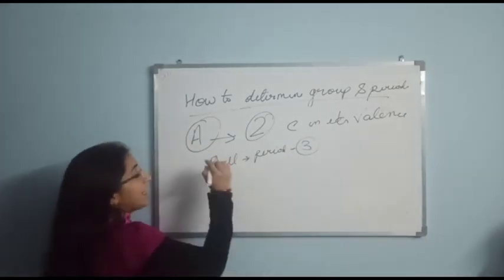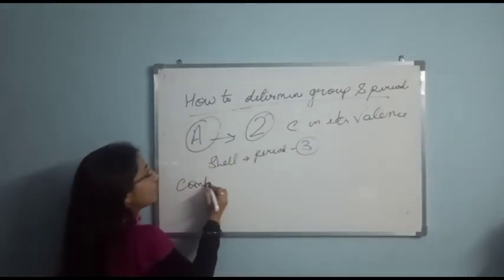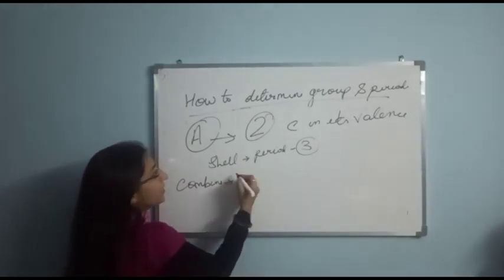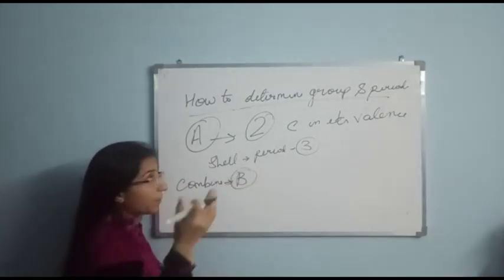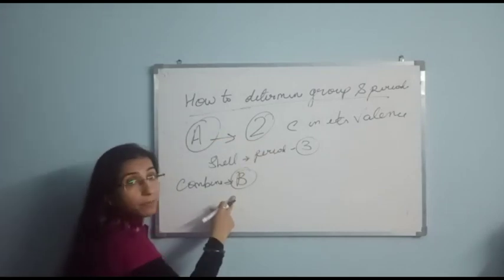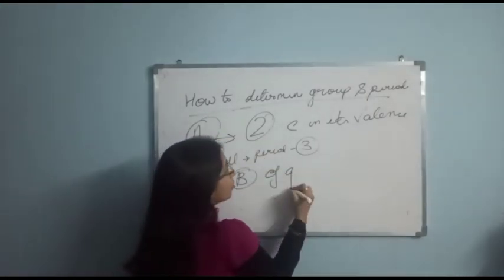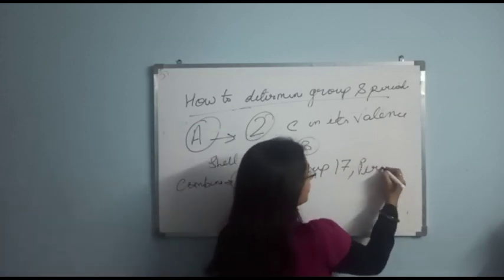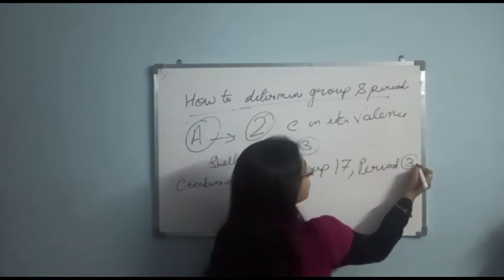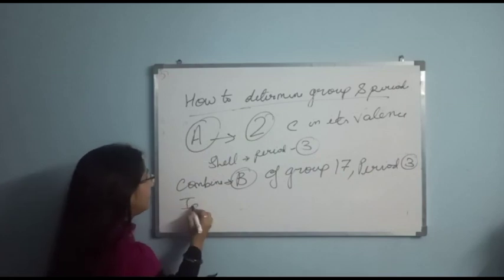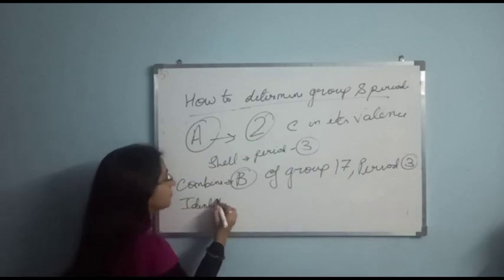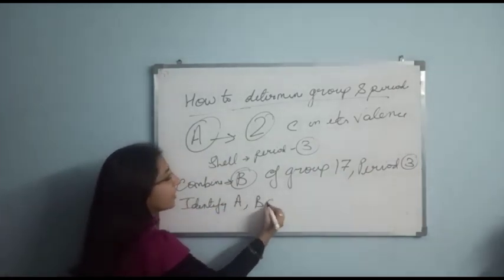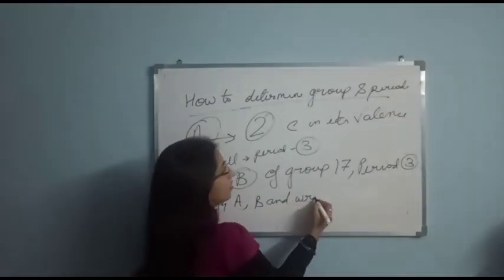It combines with another element B of group 17, period 3. Identify A and B and write the formula.